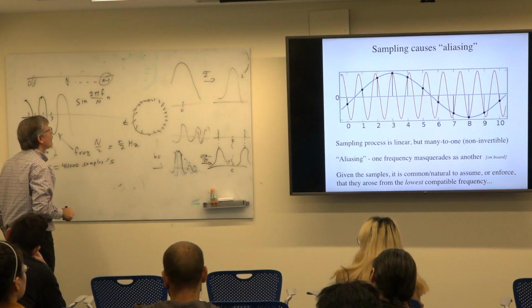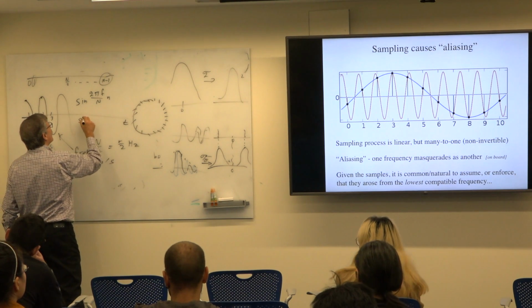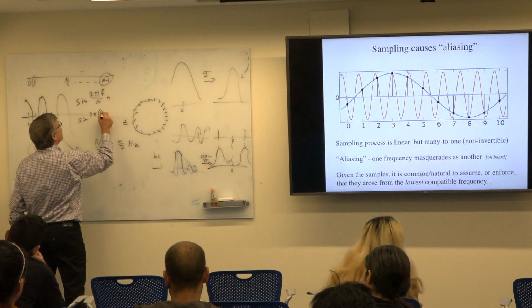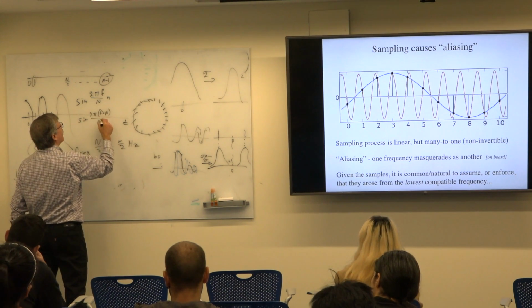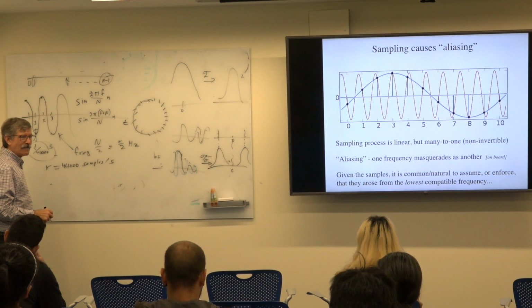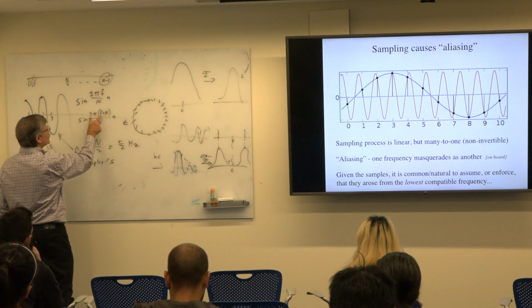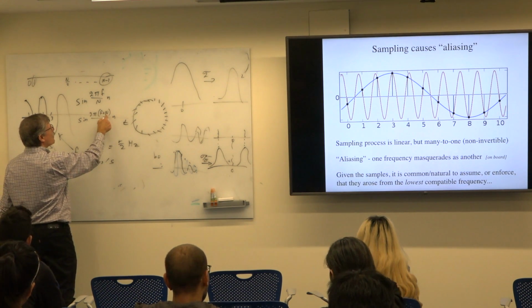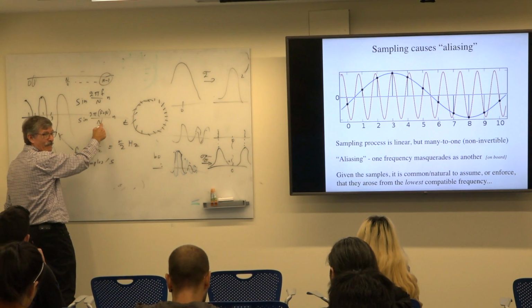That's fine. But if I now go sine 2 pi f plus n, for example, over n times n, so I've gone to a much higher frequency. In there is 2 pi f over n plus 2 pi n over n, which is 2 pi.